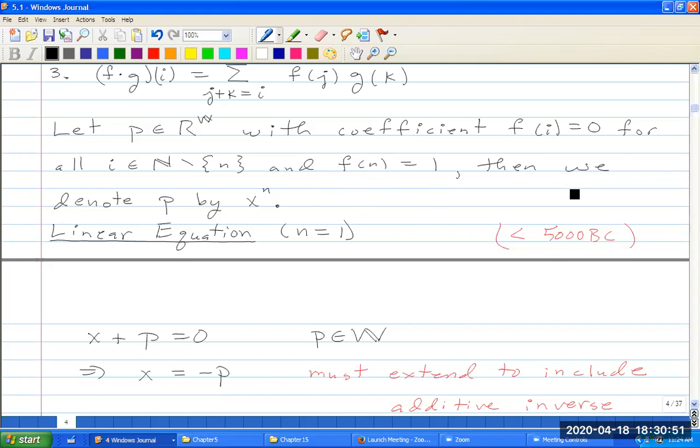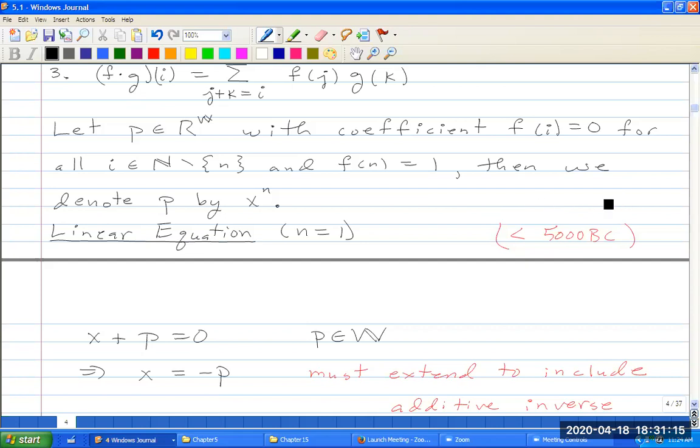Then we denote P by x^n. Meaning if everything is 0 except the nth coefficient, which is 1, then we call this x to the power n.